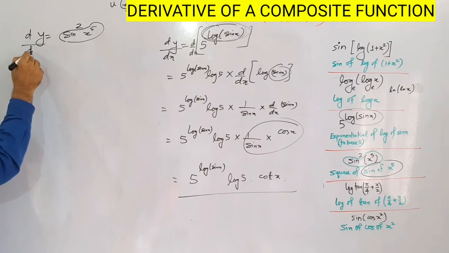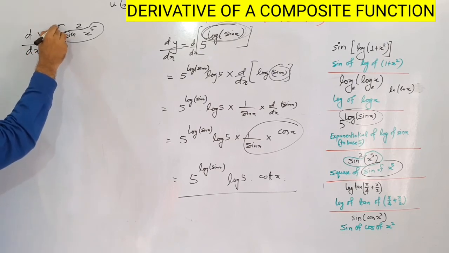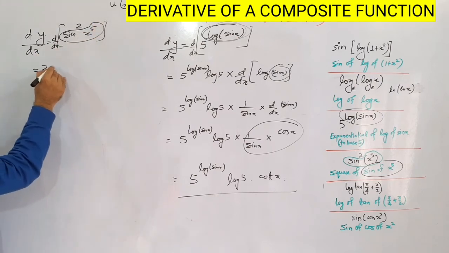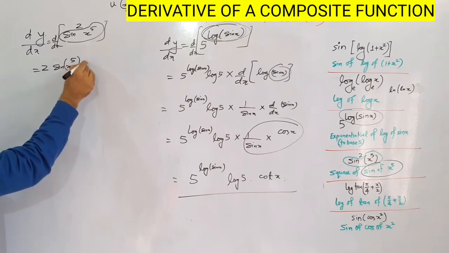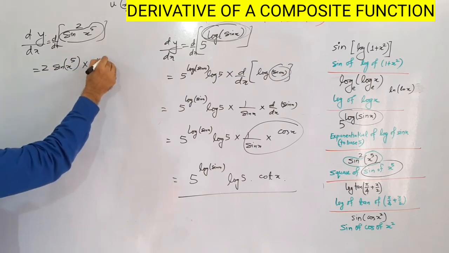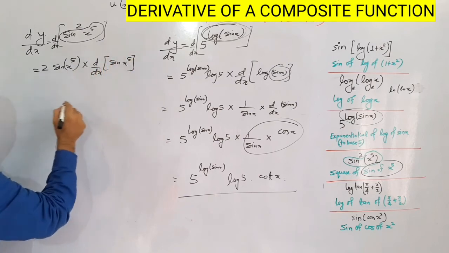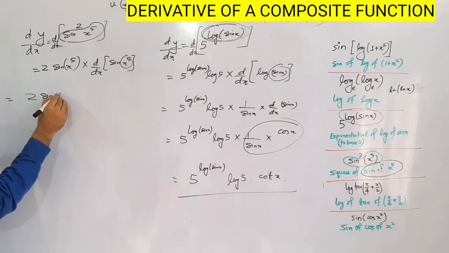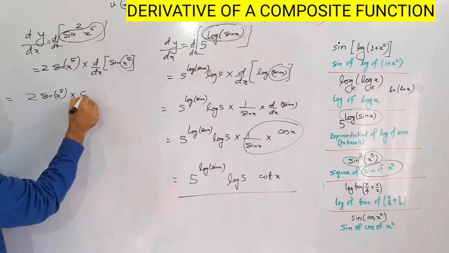So the derivative of y with respect to x is equal to the derivative of this whole with respect to x. So u square will be differentiated as 2u. U is nothing but sine of x raised to 5, into the derivative of u. U actually is sine of x raised to 5. Now sine of variable will be written the same, 2 times sine x raised to 5 into the derivative of sine u is cos u.